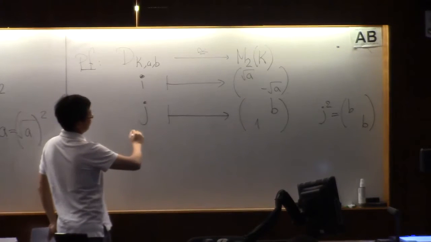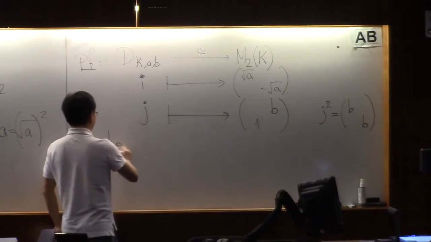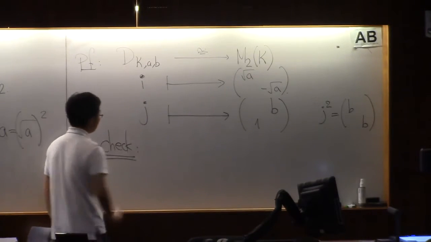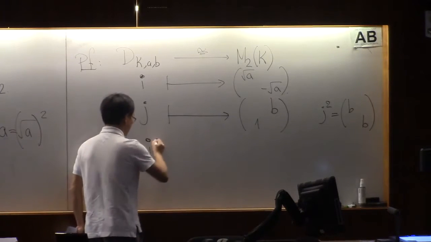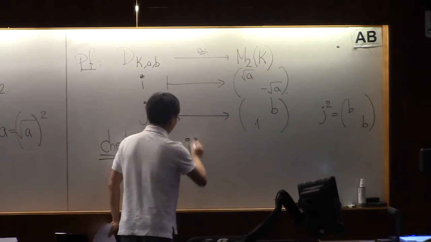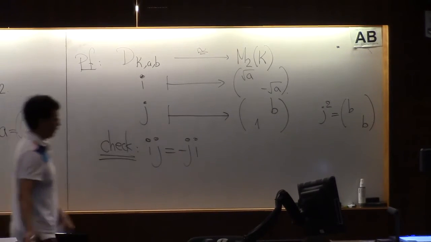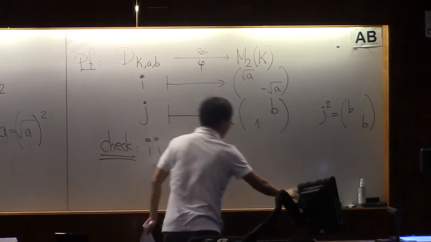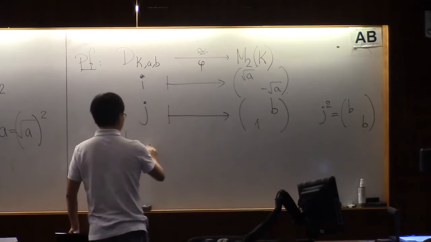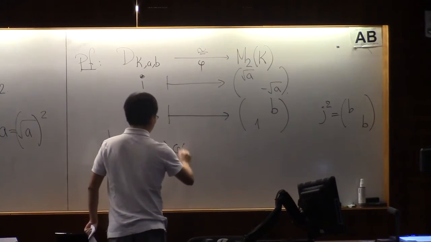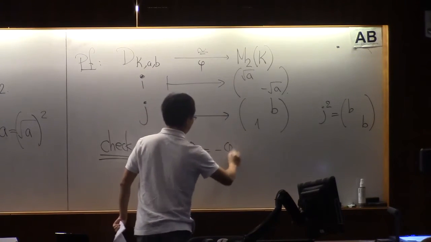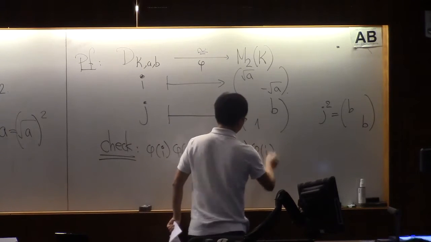Okay, so there's a very quick check that I want to do. Let's call the map phi. You need to check that phi of i times phi of j equals negative phi of j times phi of i.